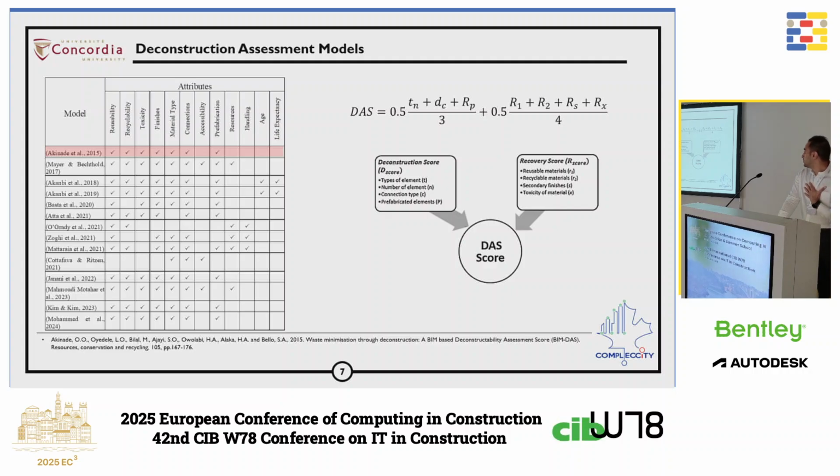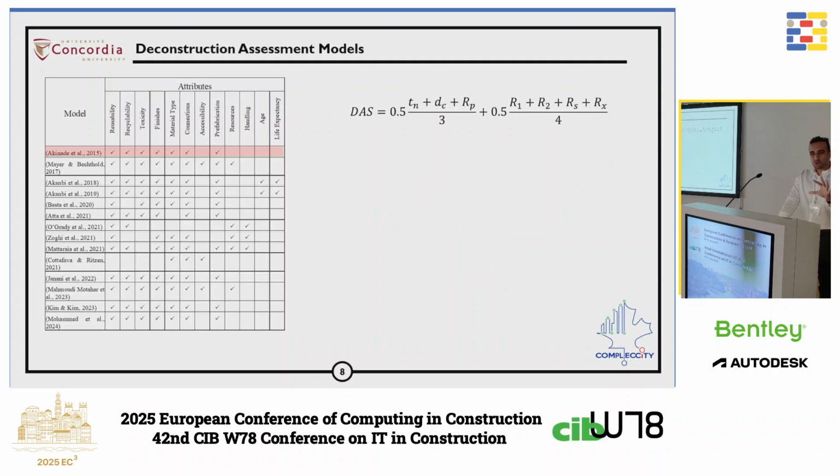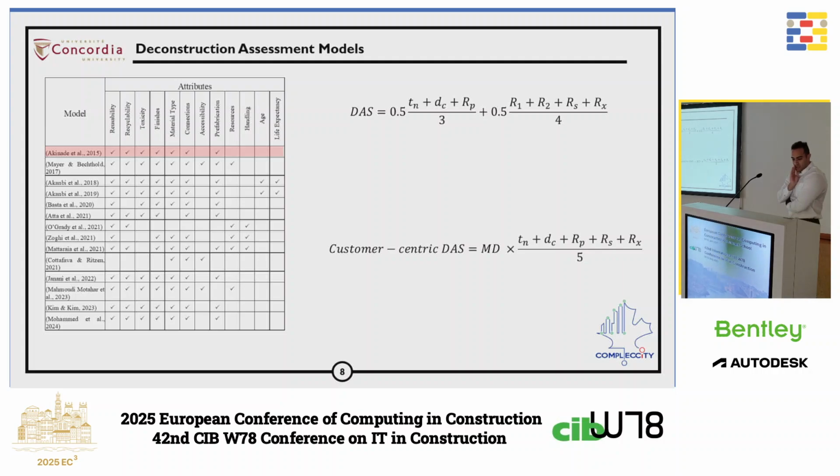But for this to align with the model that we want to work on, we need to make few changes to it. So this is our model, the customer-centric DAS, and we made 3 changes. The first one, R1 and R2, they were reuse and recycling. So we bundled them together in something called market demand.